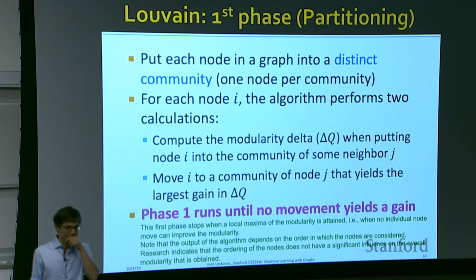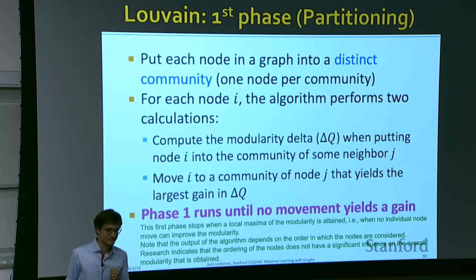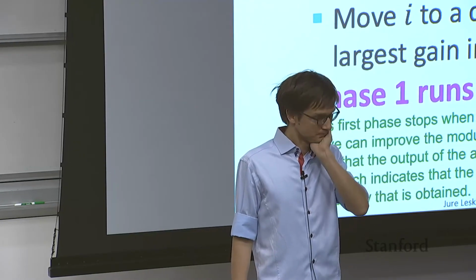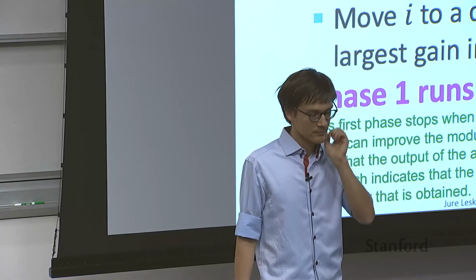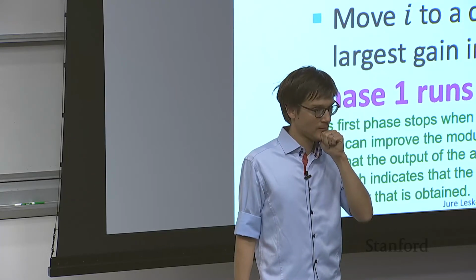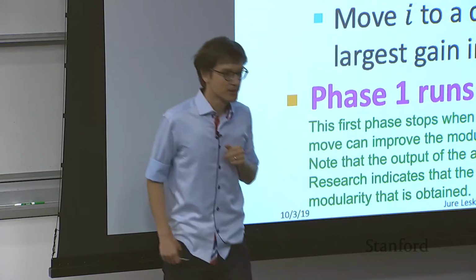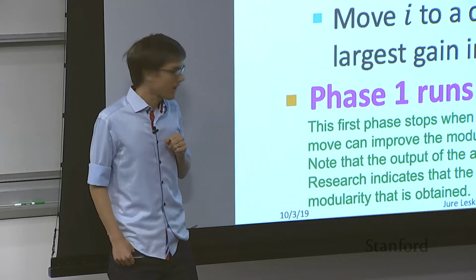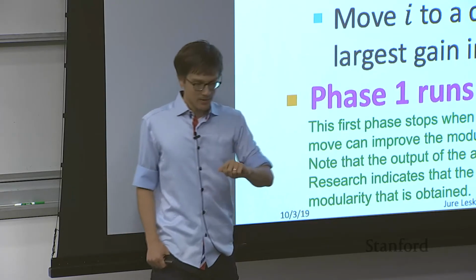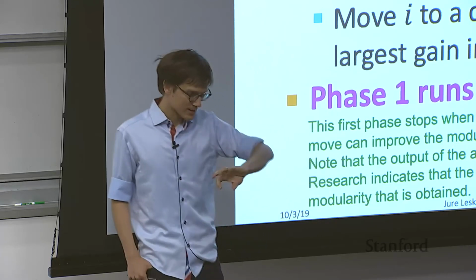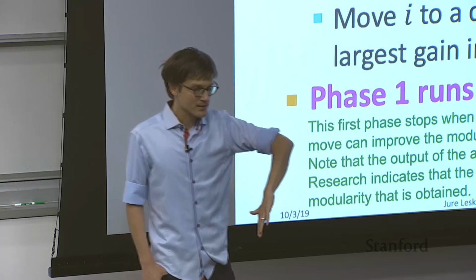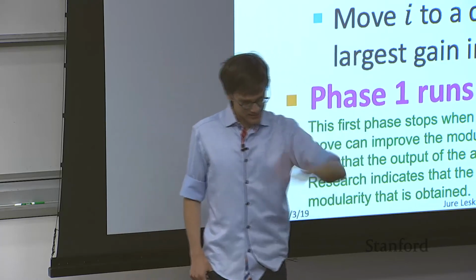Yes? Do you actually try to hit a local maximum, or do you just get some small delta Q? Because it's possible that small changes might never actually converge. I don't think it's possible that small changes will never converge. I'm happy to talk offline, but I don't see why they should. Because if I'm only interested in a positive delta, then I will never take a step back.